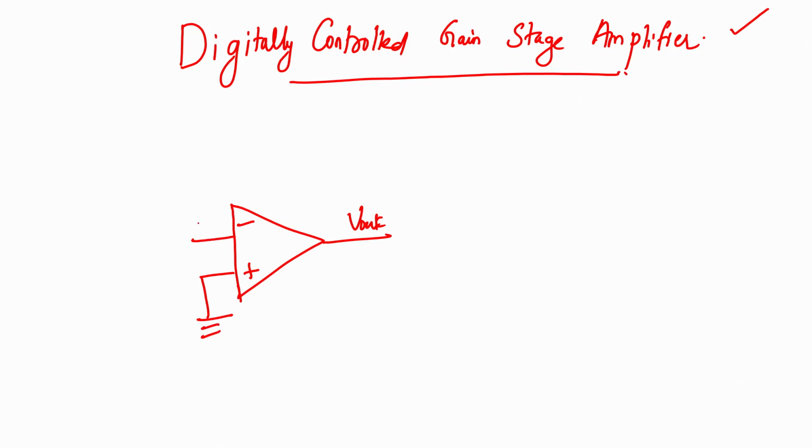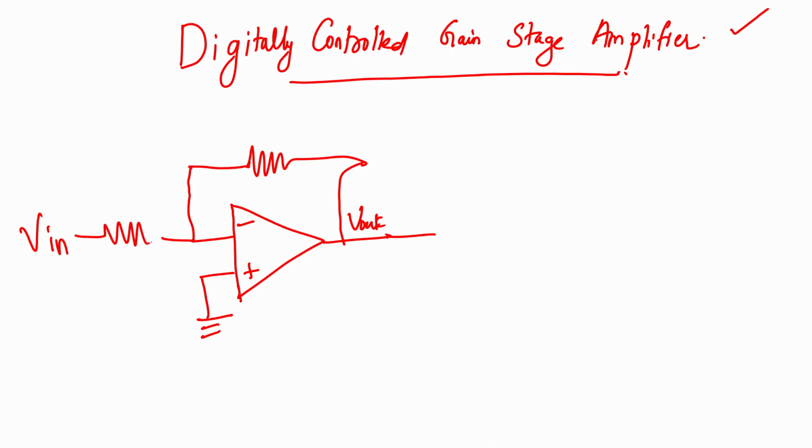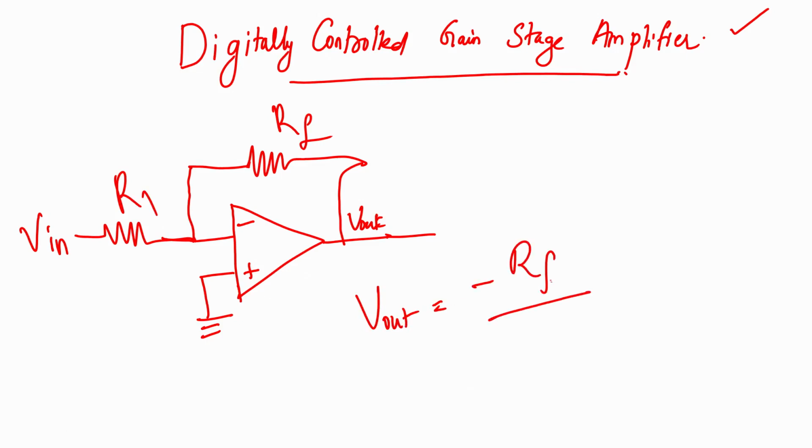You should always make sure that for amplifiers you have negative feedback. Then we have Vin coming here, you have the feedback resistor RF, you have R1, and your output Vout is equal to minus RF by R1. So this is your inverting amplifier configuration, correct.